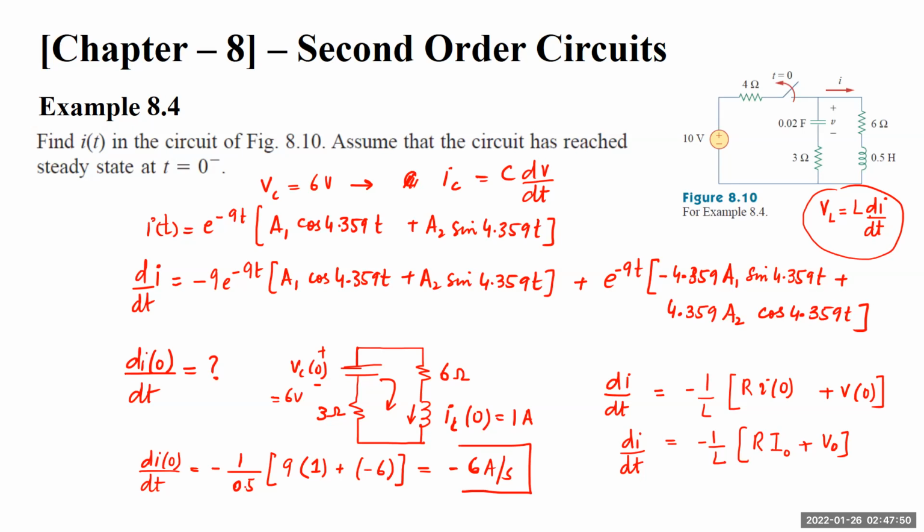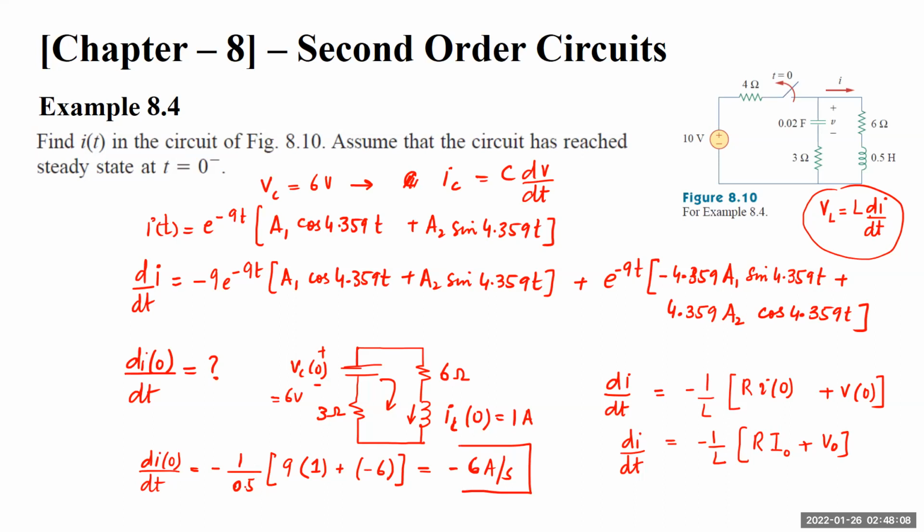Although the inductor doesn't allow the current to change instantaneously, as time passes the current will be changing with some value, and this is the rate of change of current that will be happening across the inductor.